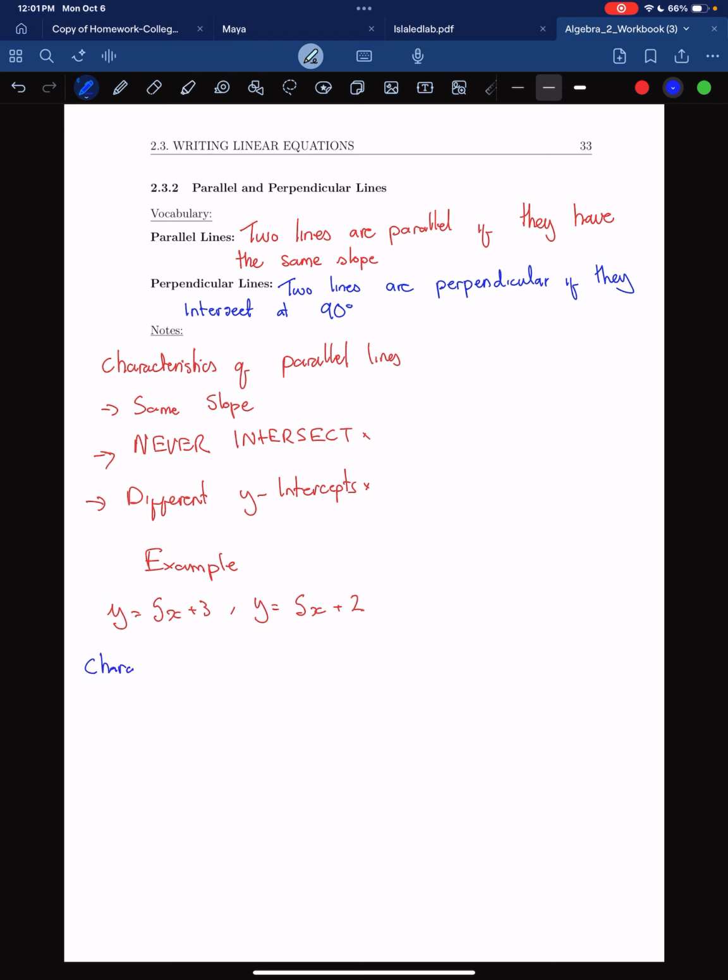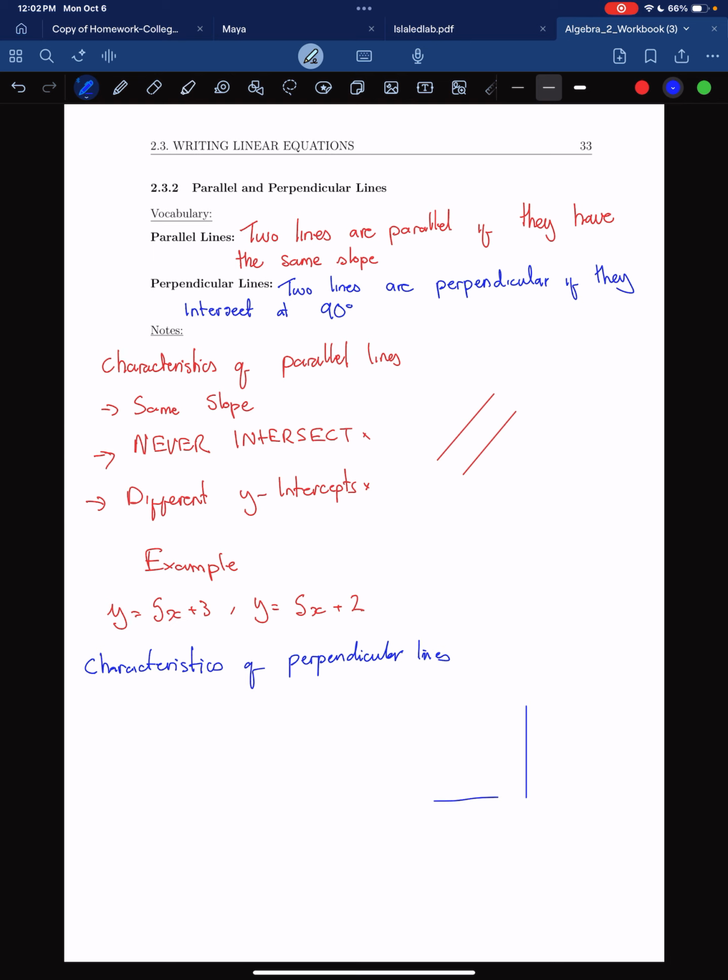So if my parallel lines look something like this, roughly, then my perpendicular lines look something like this. This is disgusting. It's not perpendicular. Okay, straight line.